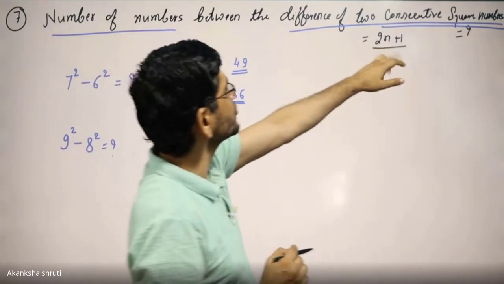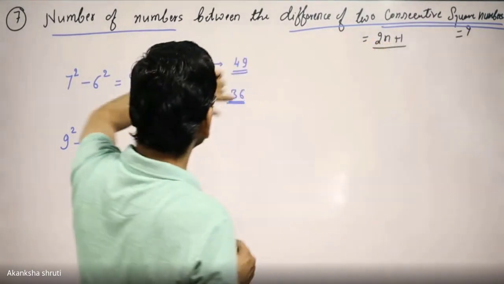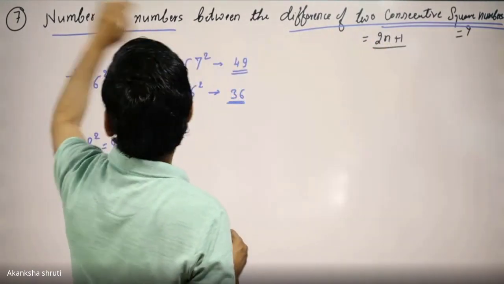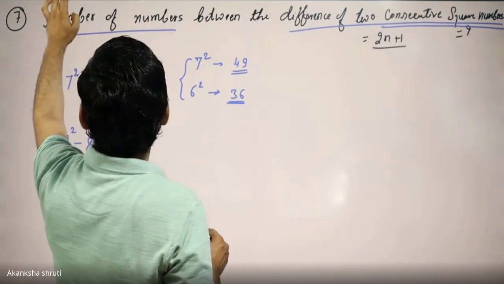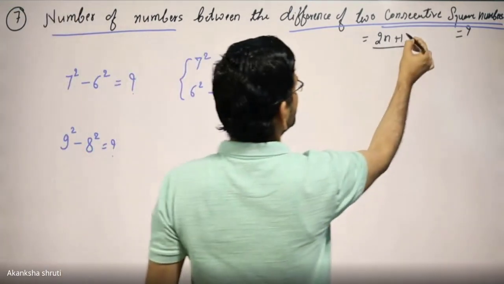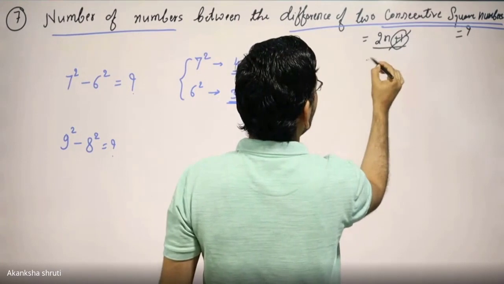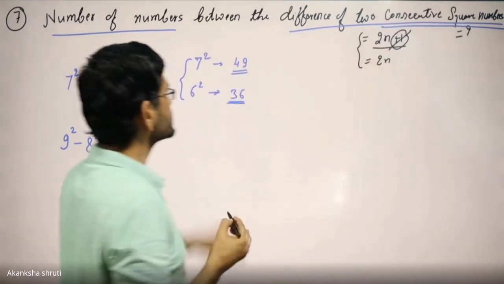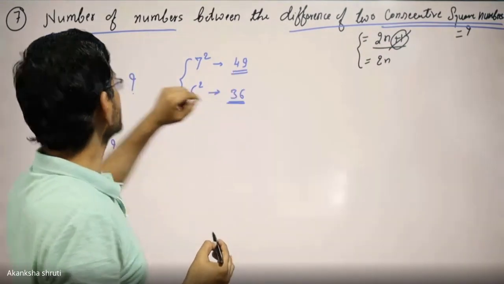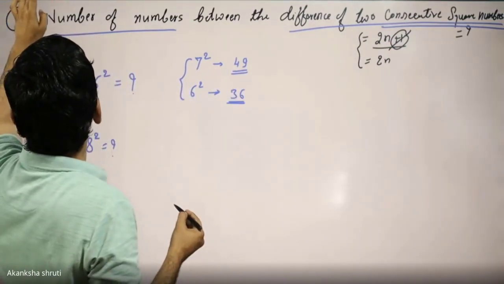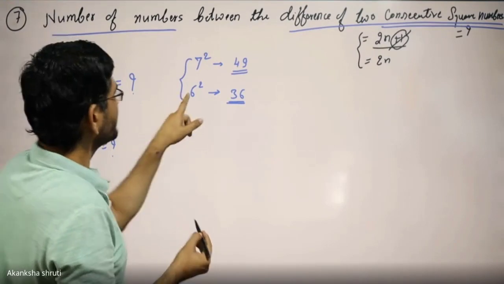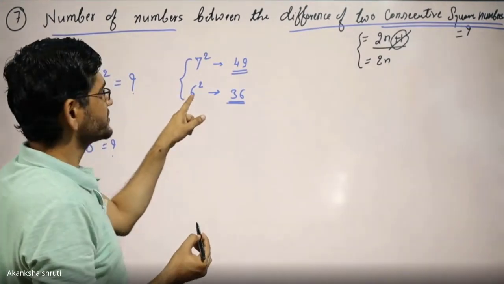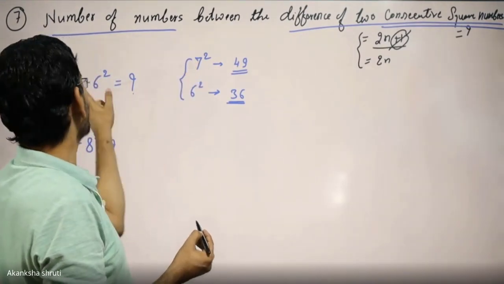Here we have written 2n plus 1; that is the count from this to this one. If we just want the numbers in between, then this one has to be dropped and it becomes 2n. So these two things we want to understand. Students, for this, understand it carefully. Here we have the 6 square, which is the smaller number, and 7 square, the bigger number.